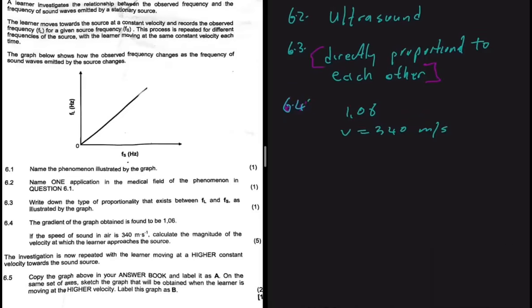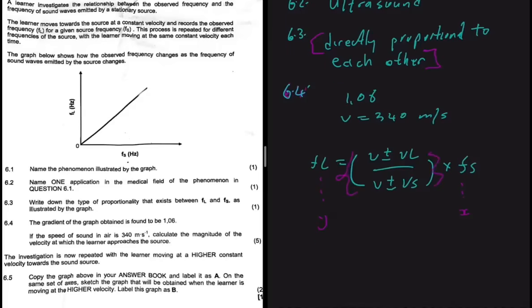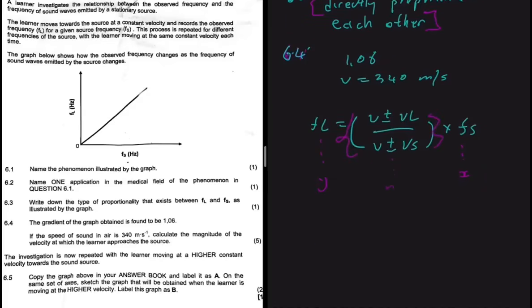So we know fully well that in Doppler effect we have FL equals V plus or minus the velocity of listener divided by V plus or minus the velocity of the source, everything multiplied by the frequency of the source, right? In our graph we have FL being the Y, and FS being the X. So this expression here will be our M, right?